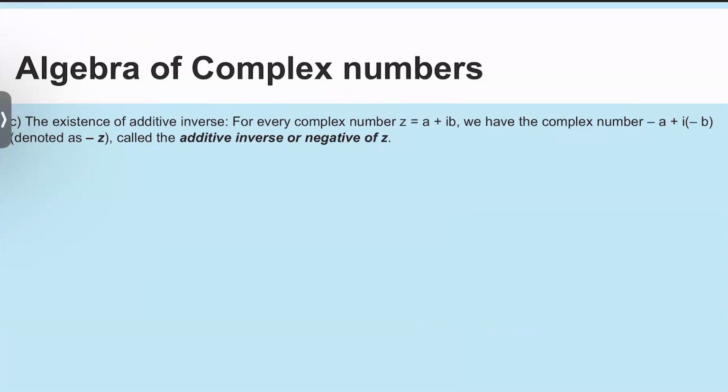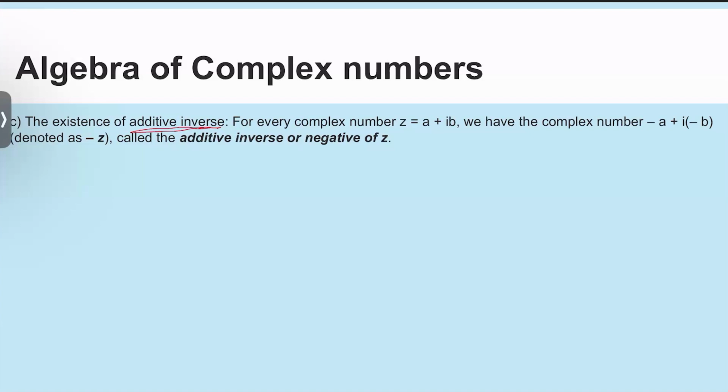The last property that exists when we are doing the algebra of complex numbers is the additive inverse. We had the additive identity, or zero complex number, previously. Now we have the additive inverse. So what is an inverse?